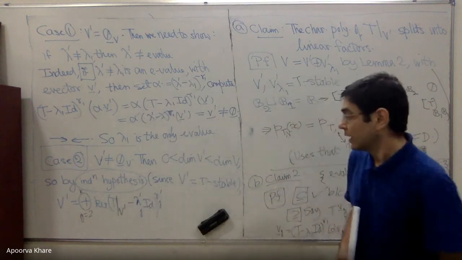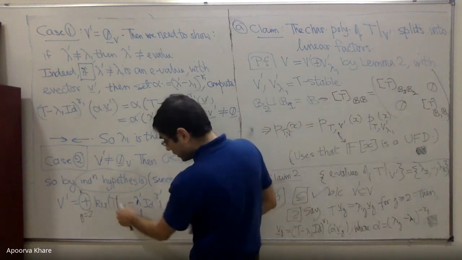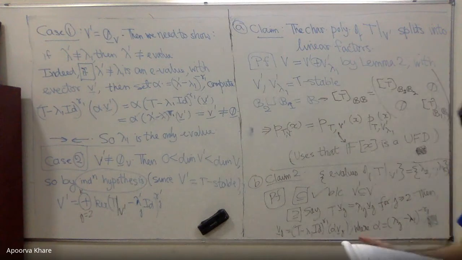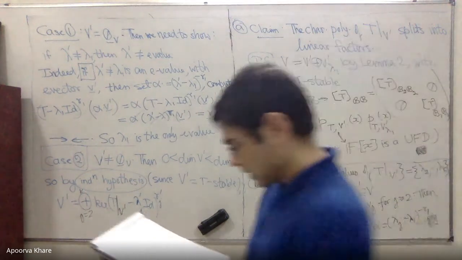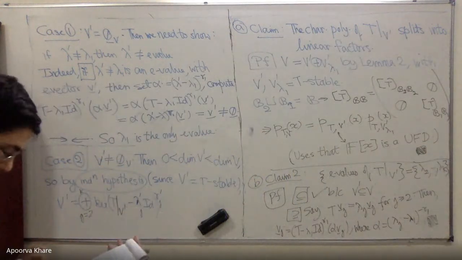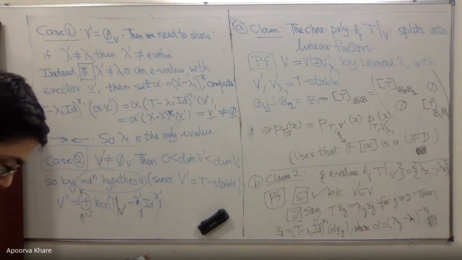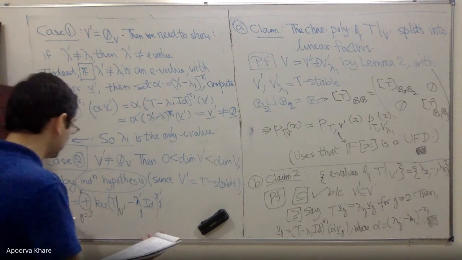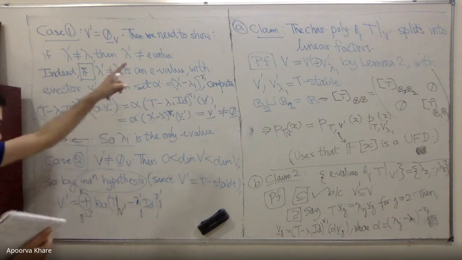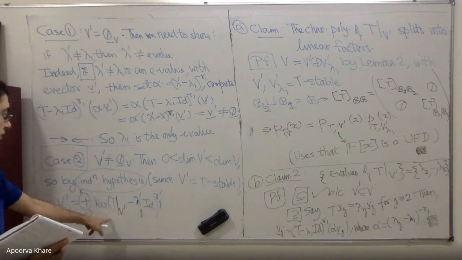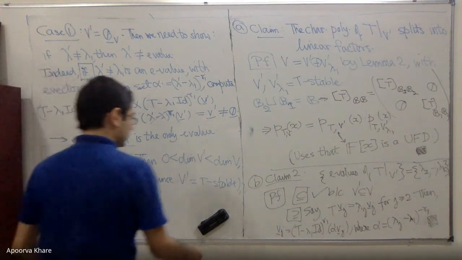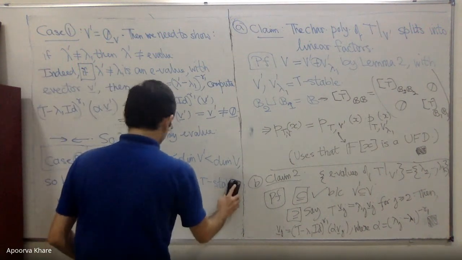The only difference is that this is T restricted to V prime, and that's what we want to change. That is the part that I had told you last time.